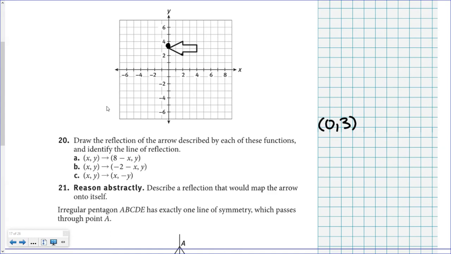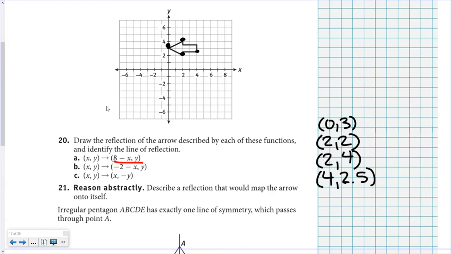I'm going to pick the point 2, 2. I'm going to pick the point 2, 4. And I'm going to pick the point 4, 2.5.